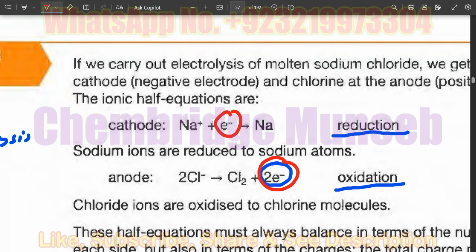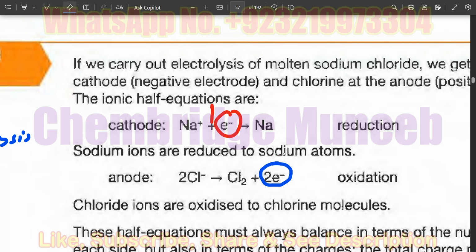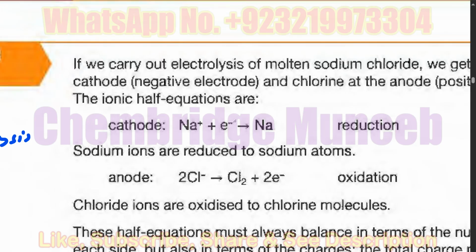It's very simple. There is one electron in the reduction equation, but there are two electrons in the oxidation. Is that so? Yes. Then how will the electrons be balanced? How many electrons should there be in both equations? There shall be two electrons in each equation, isn't it so?